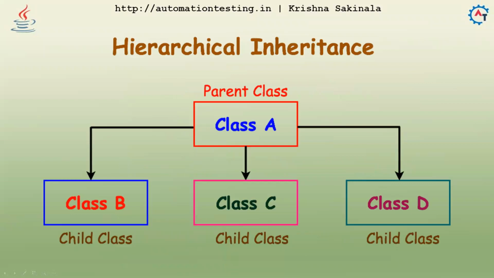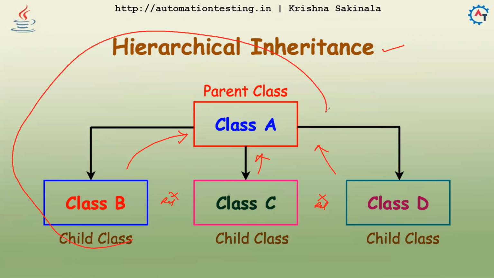One more type is hierarchical inheritance. You have parent class A, and multiple classes extend class A. There is no relation between B and C, but B is extending class A, C is also extending class A, and D is also extending class A. If you talk about only A and B, this is simple single inheritance, which we have seen.